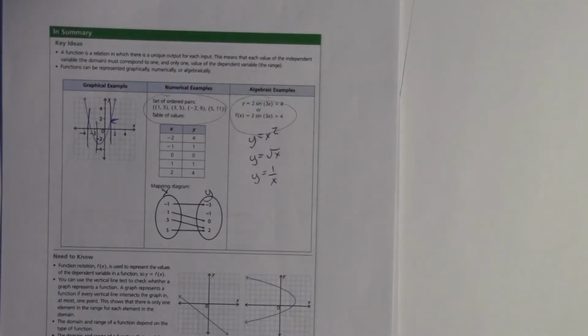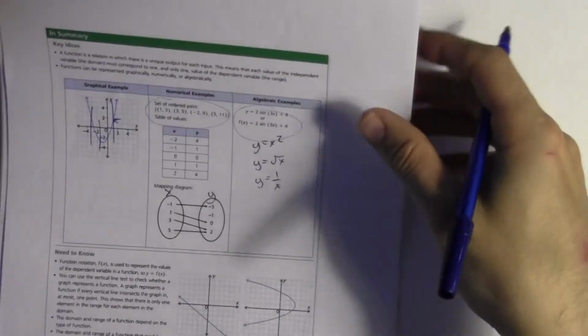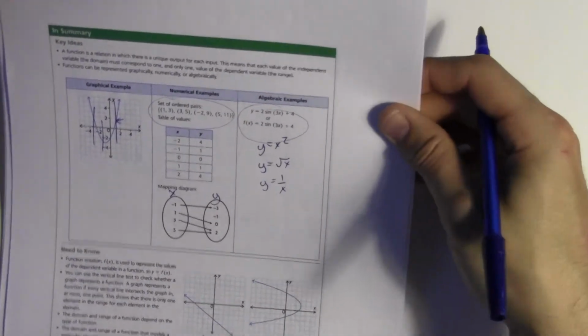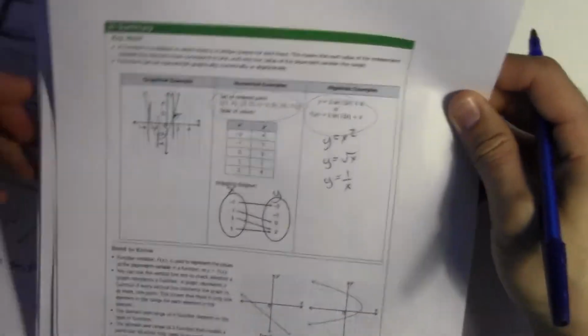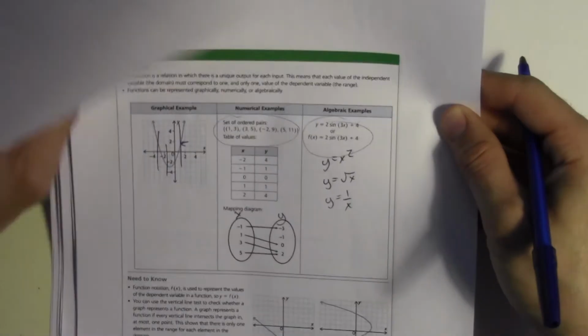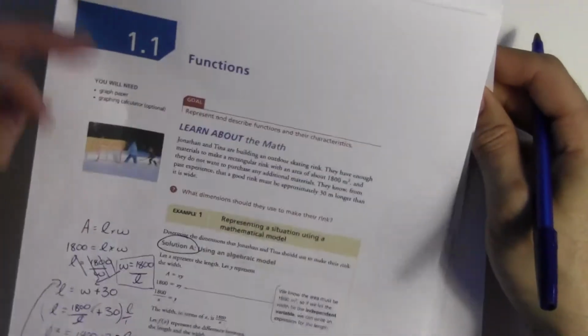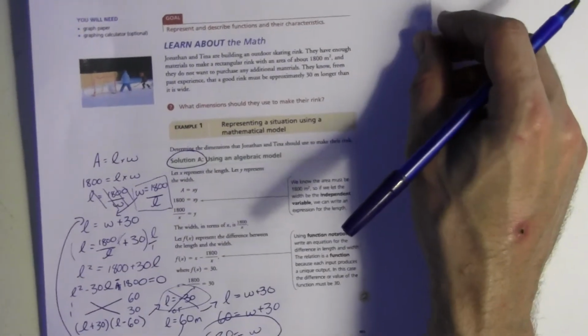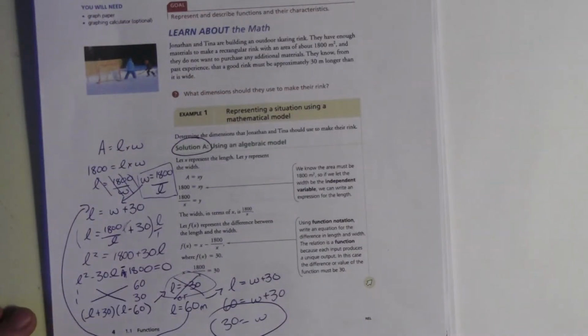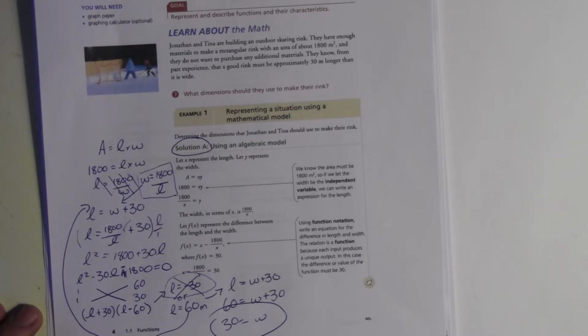Yeah, Joseph. Can we go back to our step in the algebraic solving? Which example? On the very first one. Yeah. Okay. We got 180 equals L times W, and that led to W equals 180 over L. Where did we get L equals 180 over L?